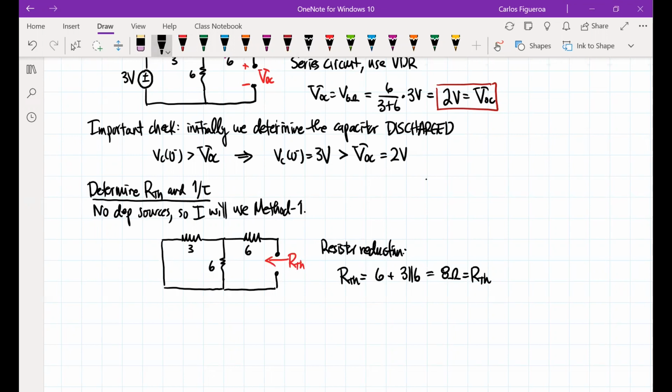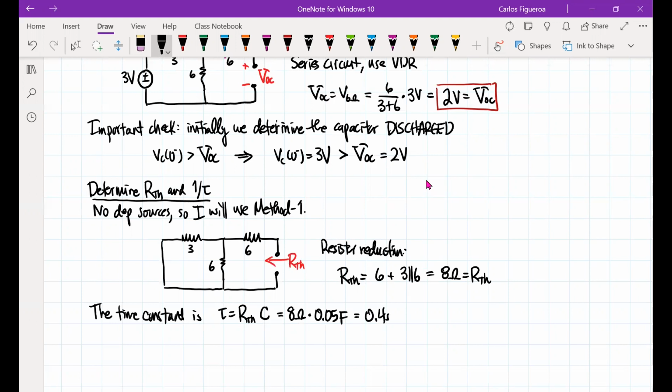From this, the time constant tau is R Thevenin times the capacitance. I now have 8 ohms and the capacitance is 0.05 farads, and that gives me 0.4 seconds.